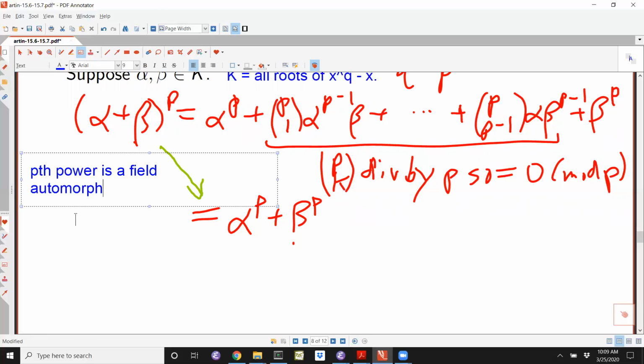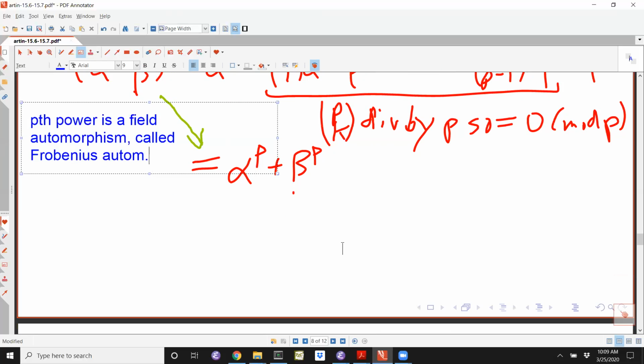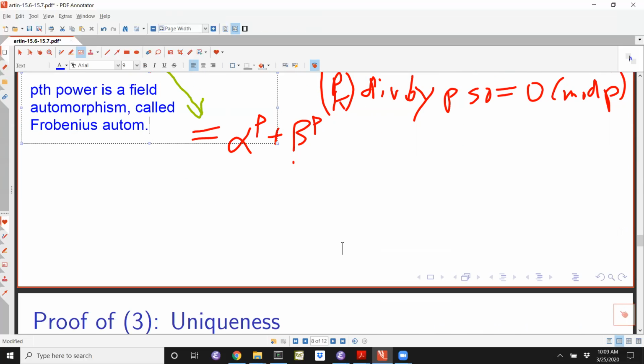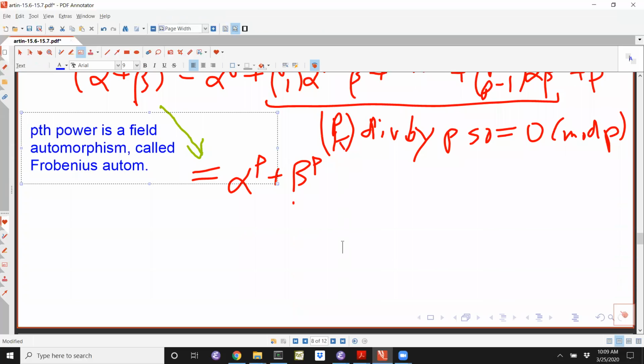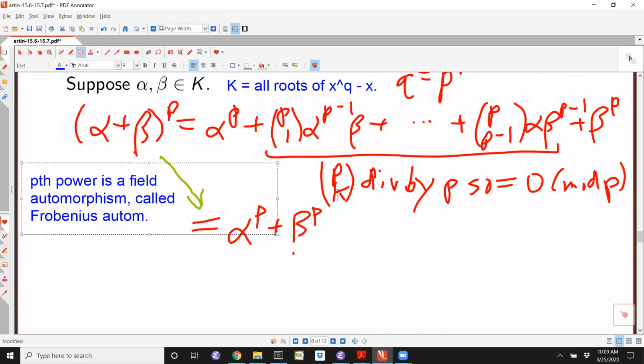It's called the Frobenius automorphism. That's the interesting step, showing that the pth power gives you an automorphism.